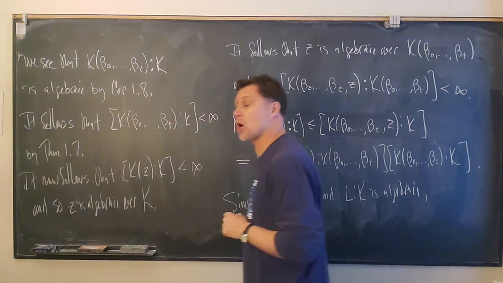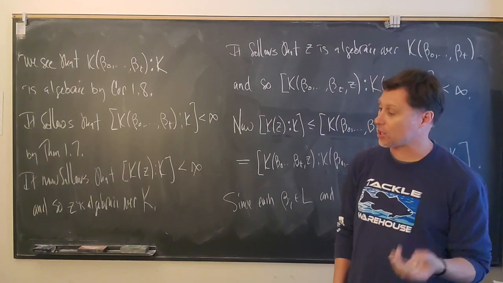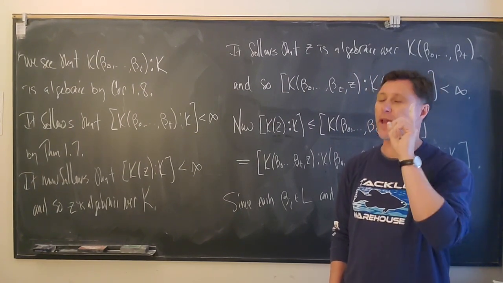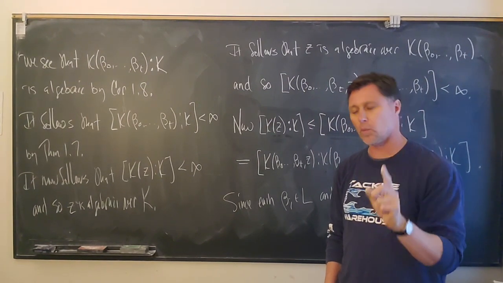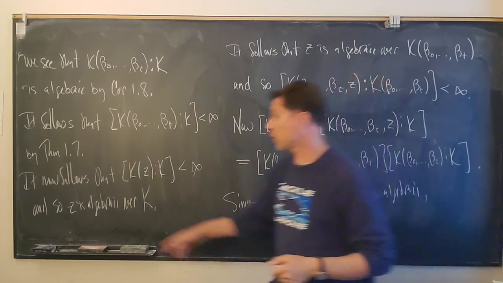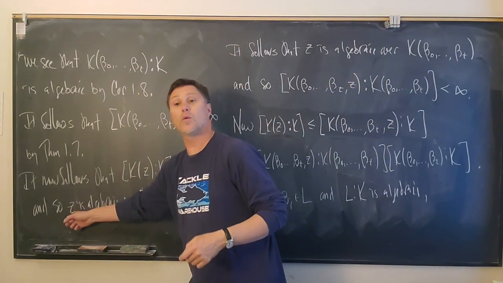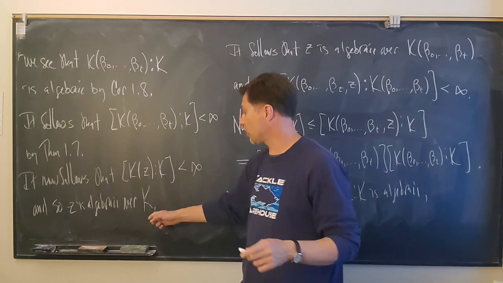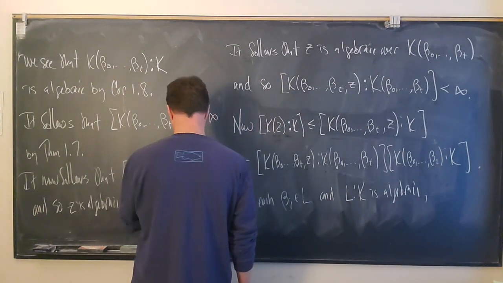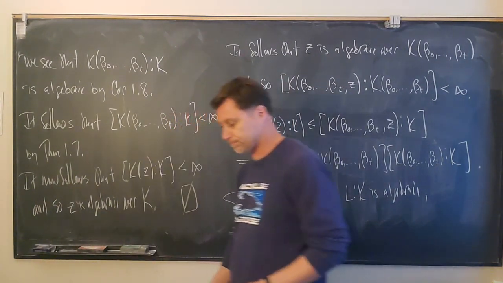Remember, we were trying to show that M over K is an algebraic extension, which means we needed to show that every element of M was algebraic over K. We chose our arbitrary element z. We showed that it's in M. We showed that it's algebraic over K. That completes the proof.